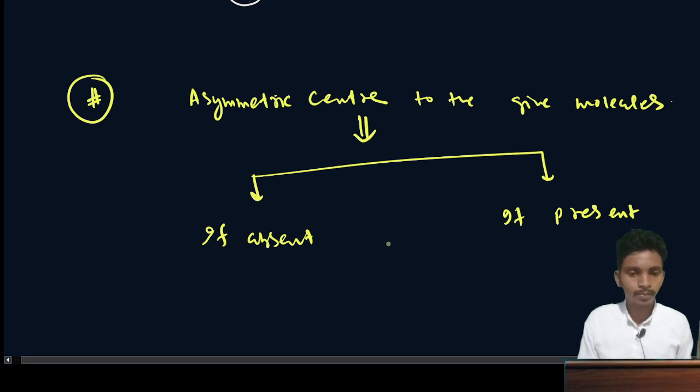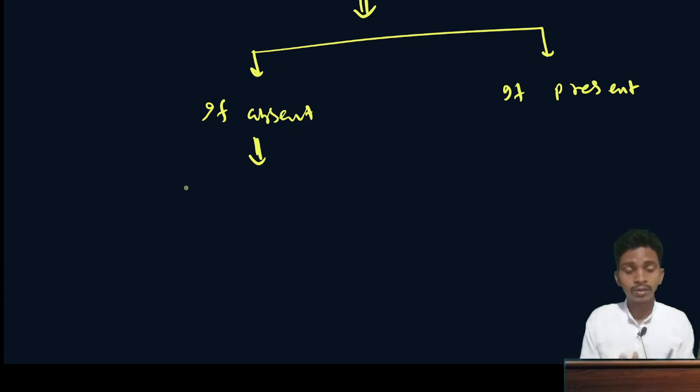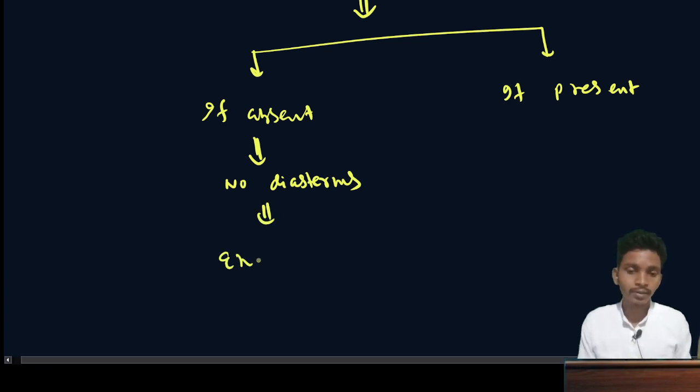If it is absent, then there is no chance of diastereomers. So all will act as enantiomers.